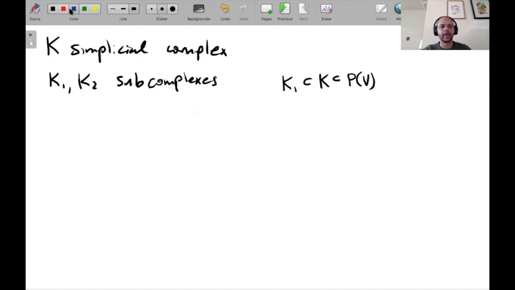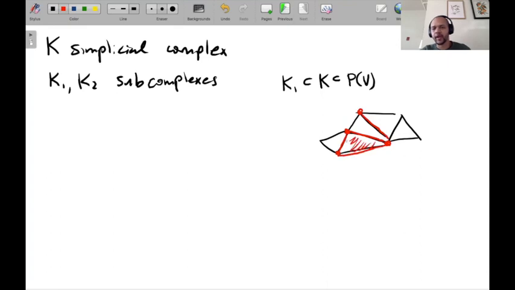Pictorially, it's sort of easy to imagine what a subcomplex is. The subcomplex has its own vertices, which maybe are all or some of the vertices of K, and it has its own edges, and maybe it has some higher dimensional simplices as well.